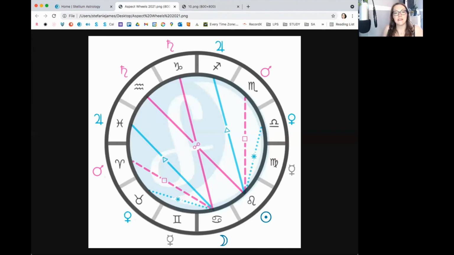So a little bit like the ascendant-descendant axis. So the opposition can be a relationship where we are able to experience aspects of ourselves that we can't really integrate or don't recognize as part of our own experience. But equally, it can be a bit of a tug of war where we disagree and we struggle with working in a cohesive way with other people.